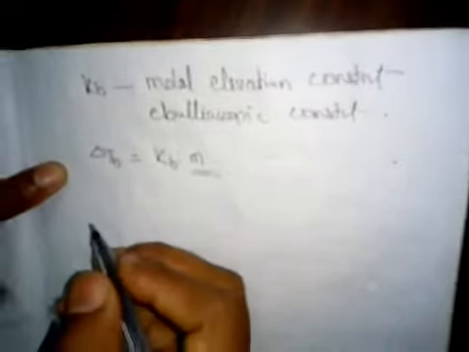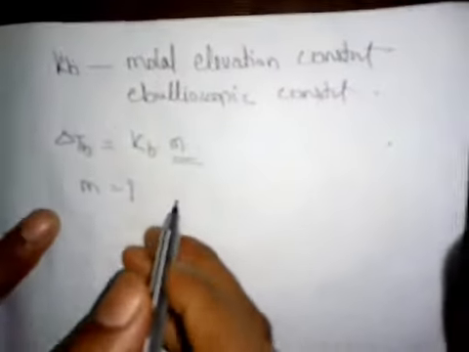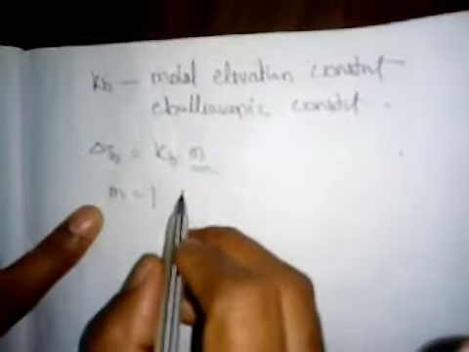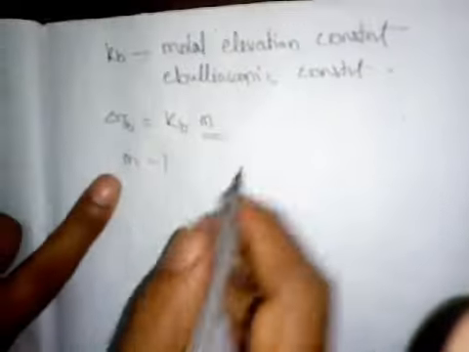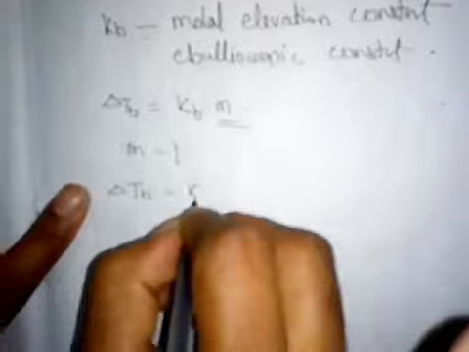Now we have derived delta Tb is equal to Kb into m. When the molality of the solution is 1, molality being the number of moles of the solute dissolved in 1 kg of solvent, delta Tb is equal to Kb.